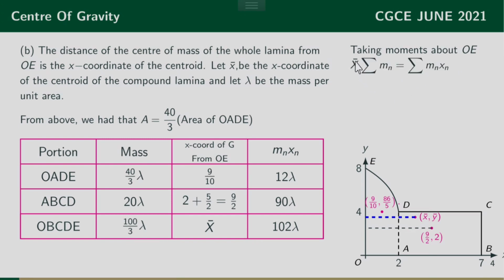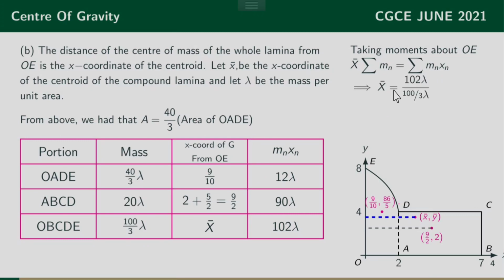And I will have that x bar times the sum of the masses is equal to the sum of the masses multiplied by xn. So, of course, to obtain the sum of the masses, I have 102, and the sum of the mass is 103 lambda. So let me just make x bar the subject and substitute.